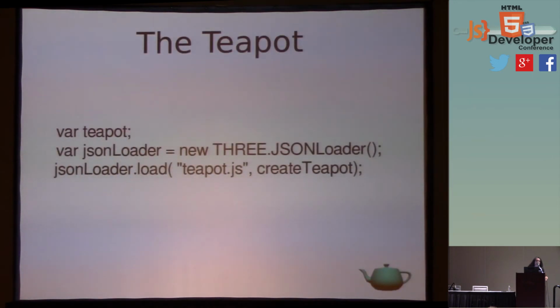Okay, our teapot, I mentioned earlier that it's described in a JSON file actually. I actually found on the internet an OBJ file. That's a really common format for shape data that's used by GL. But I had to go through an intermediate step before we could load it.